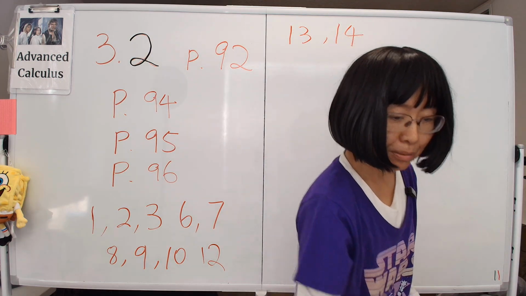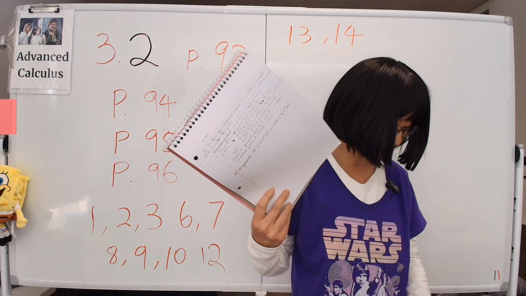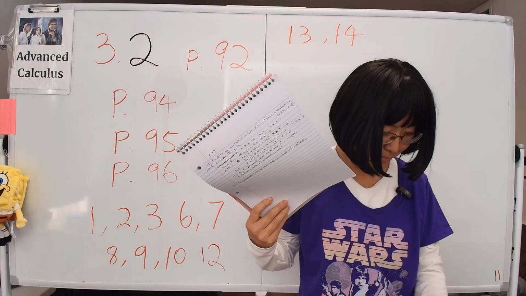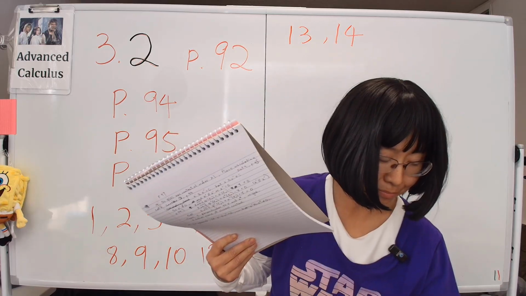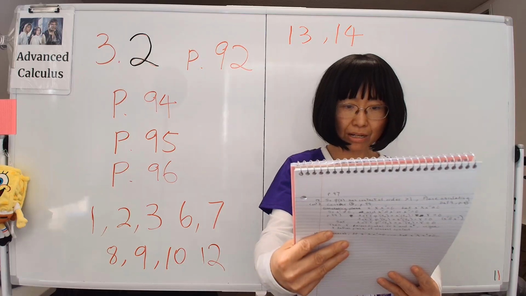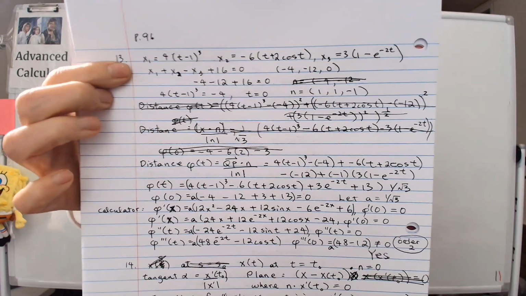Next, let's consider problem 13. We're just finding the order of contact of a given curve to some given plane at some given point, and asking, is this plane osculating? So let's do a bunch of calculations, okay?